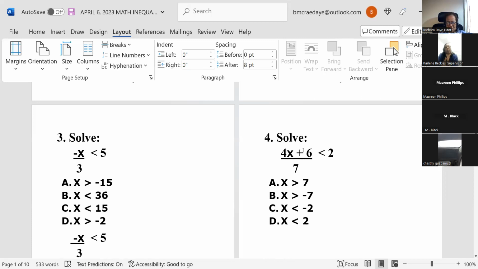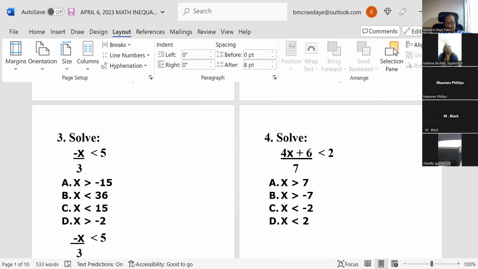Because what number divided by 7 gives you 2? That's 14, right? So if you have a 6 here, what number adds the 6 to give 14?